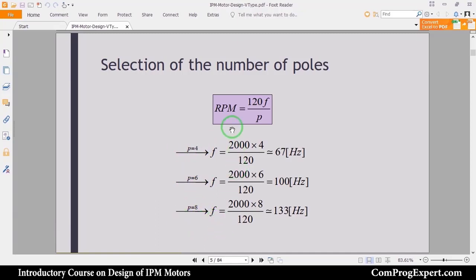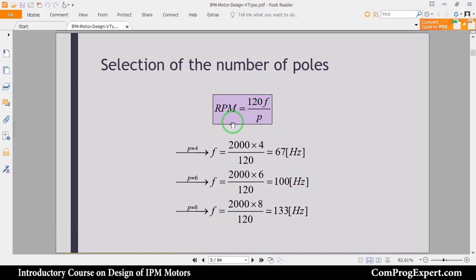But here consider that sometimes we have some limitations on the number of poles because of speed. If the rated speed is high, we cannot increase the number of poles arbitrarily because we have limitations on supply frequency.